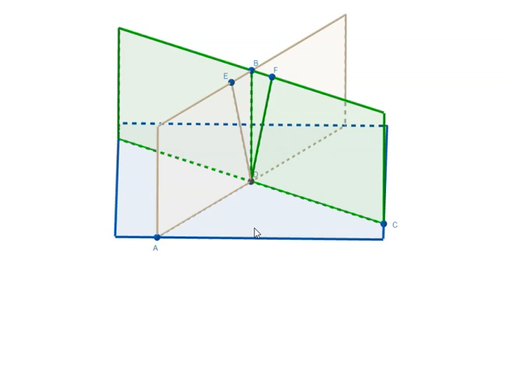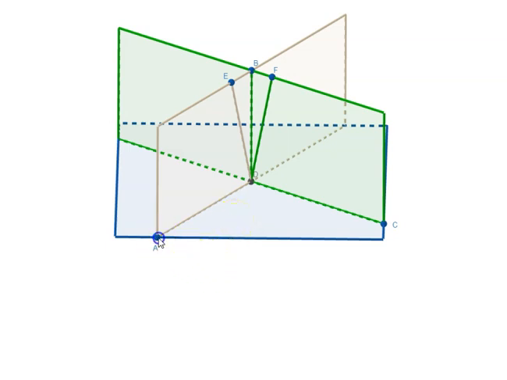So we can say that if two planes cut each other and are at right angles to a plane of reference, then their intersection is also at right angles to the plane of reference.